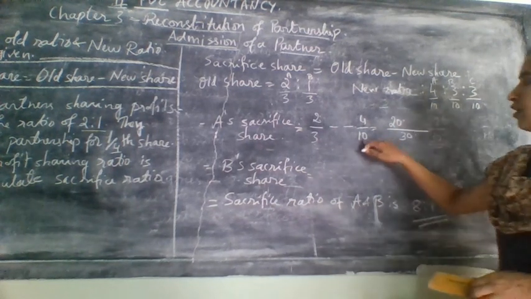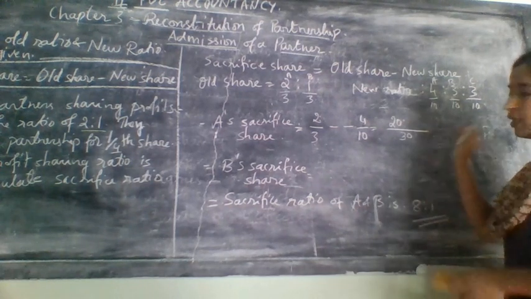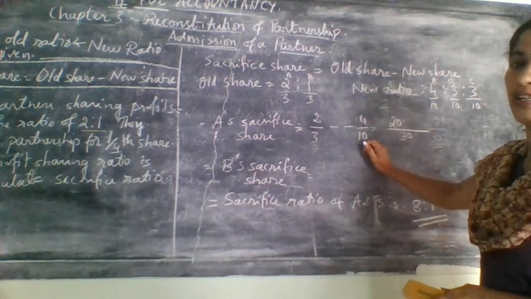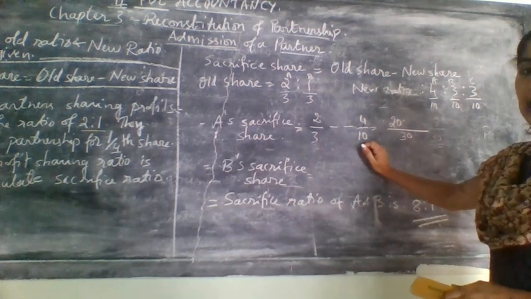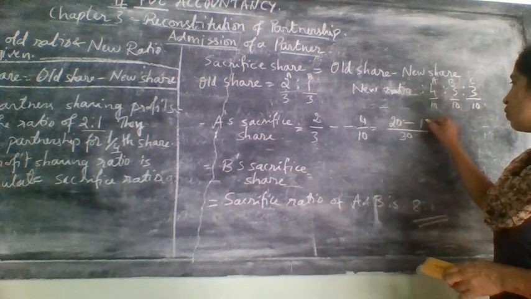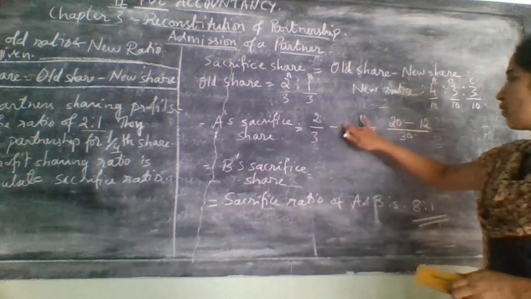Next, for the next one, 30 divided by 10, do it in your calculator. It will come 3. 3 into 4, how much will it come? 12. In the middle, you need to write the minus symbol.